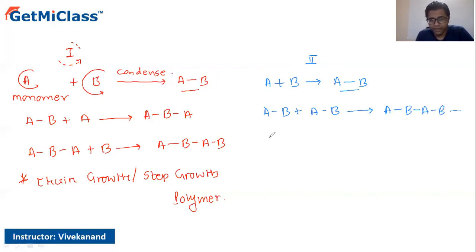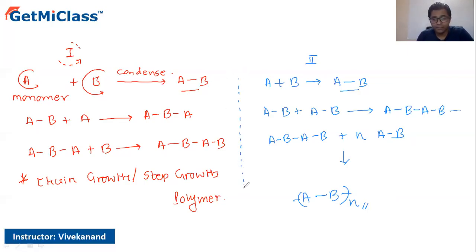If this AB, AB reacts with n number of dimers, we end up getting a big chain containing a continuous sequence of AB. So these are the two methods by which we can explain the mechanism of condensation polymerization.